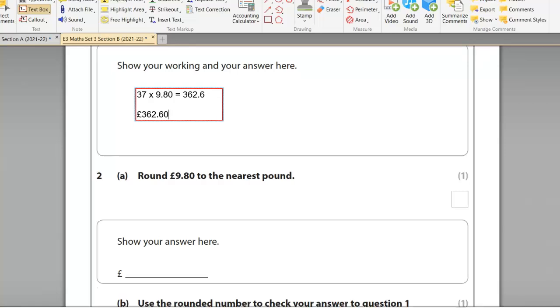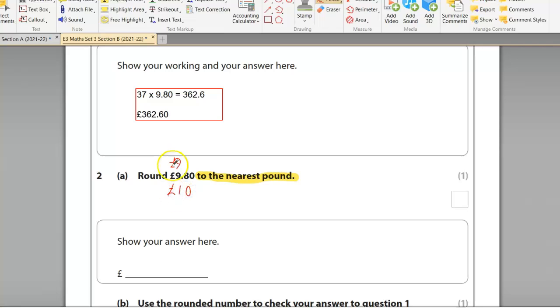Then it says round £9.80 to the nearest pound. So when it says to the nearest pound, £9.80 is between £9 and £10.